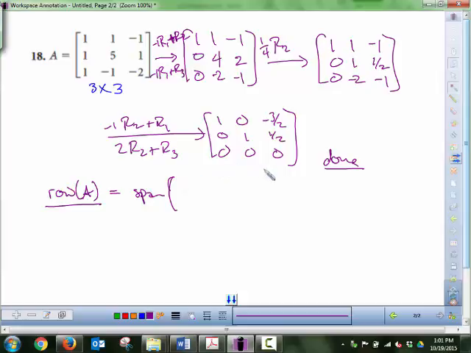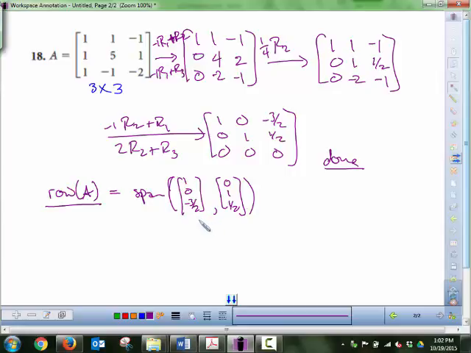I'll write it vertically: 1, 0, -3/2, and 0, 1, +1/2. So that's my row space.